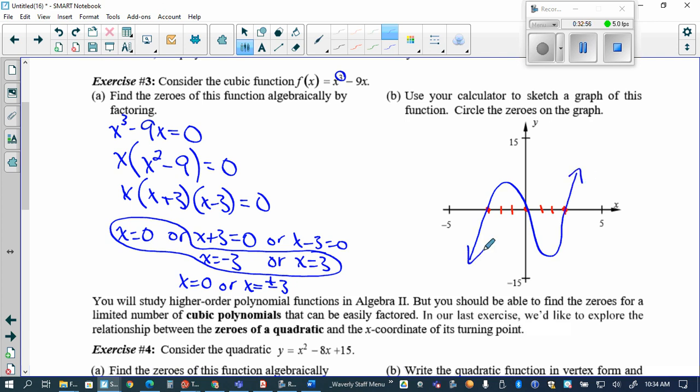That's what an x to the third function looks like. Cubic. And here are the zeros: -3, 0, and +3, which is what we got when we solved it. Those are the roots. So this stuff works for things other than quadratics as well. All right?